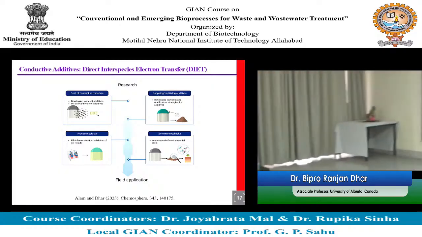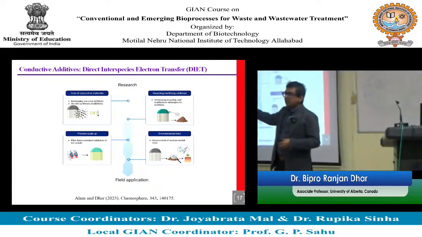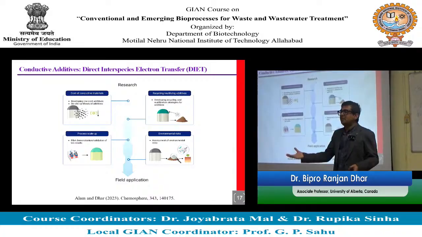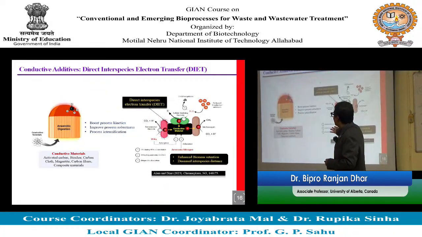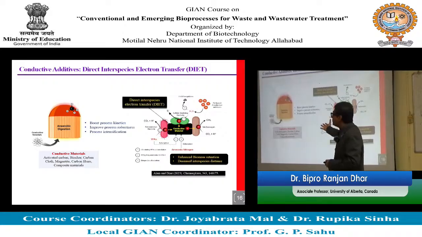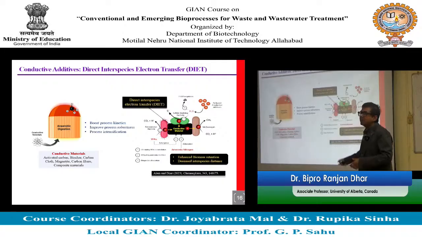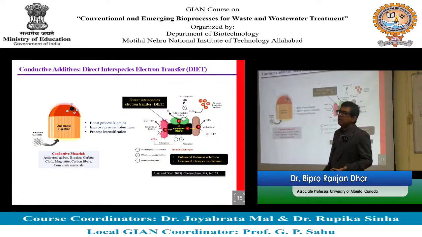Yes, it depends, because typically DIET is basically a direct connection. But if you want to use those materials, some electrode materials are made from this kind of material. You can have a graphite rod, or even carbon cloth, or carbon fiber. We actually use a lot of carbon fiber as electrode material for microbial electrochemical cells.